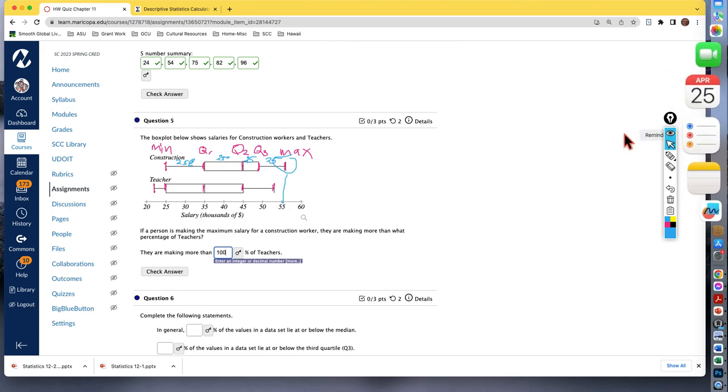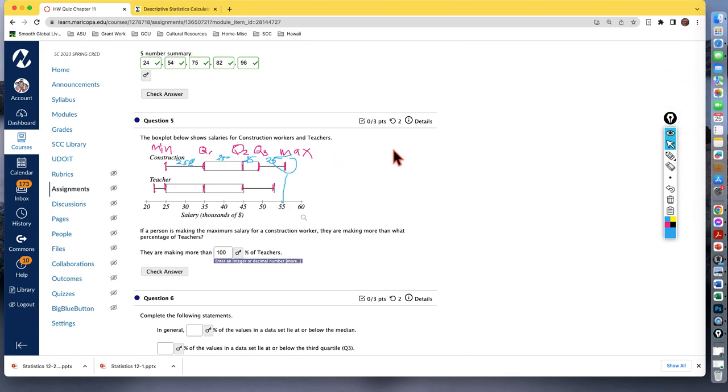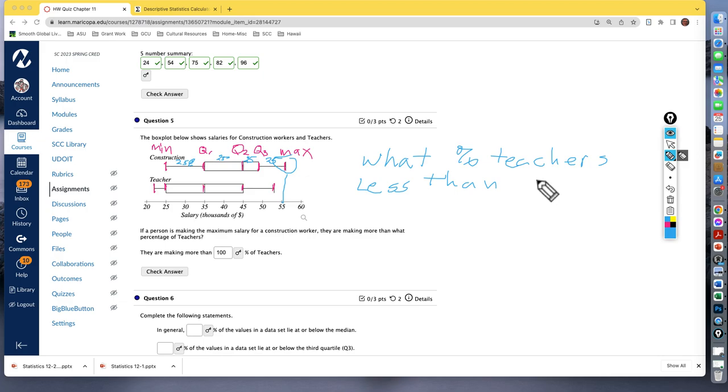So yes, 75. What percent of teachers make less than Q2, or the median of construction?